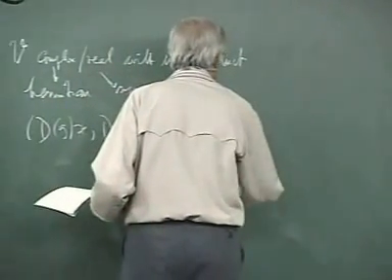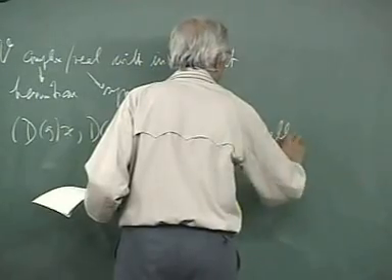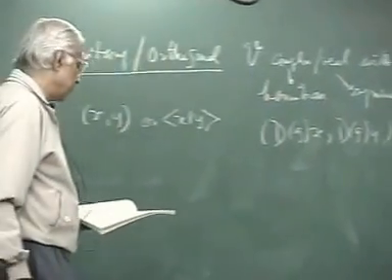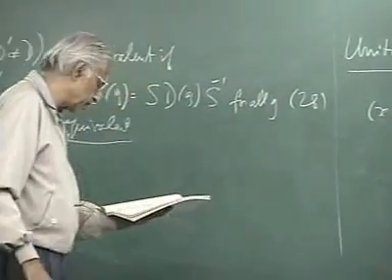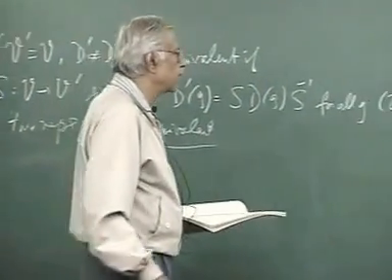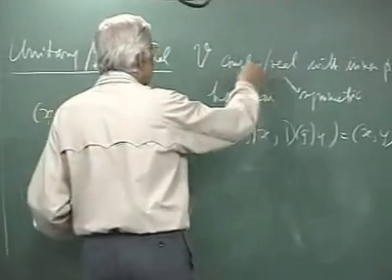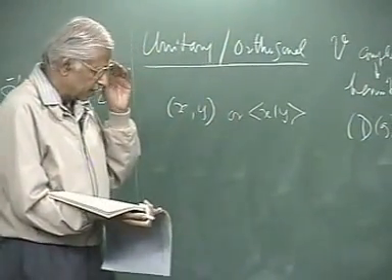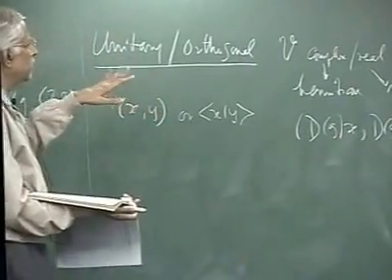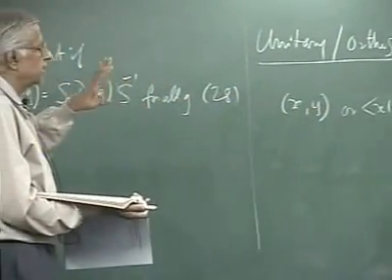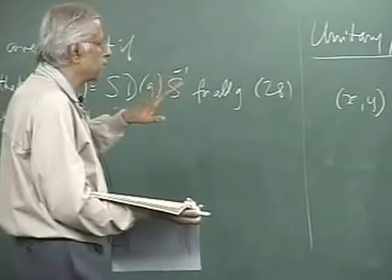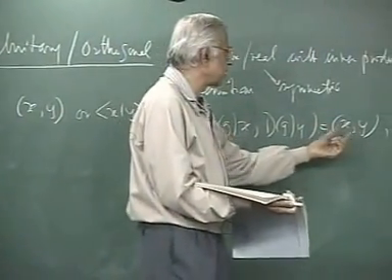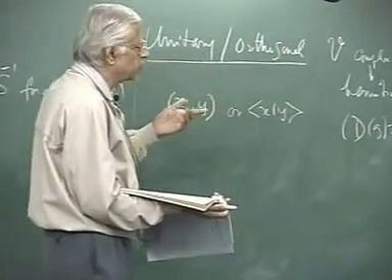So this must be true for all G, all X and all Y, all choices of vectors X and Y and group elements. All right. So I repeat, if V is a real vector space and it carries a symmetric scalar product, a representation on that vector space is said to be a real orthogonal representation if it obeys this condition. Scalar products are unchanged by group transformation.